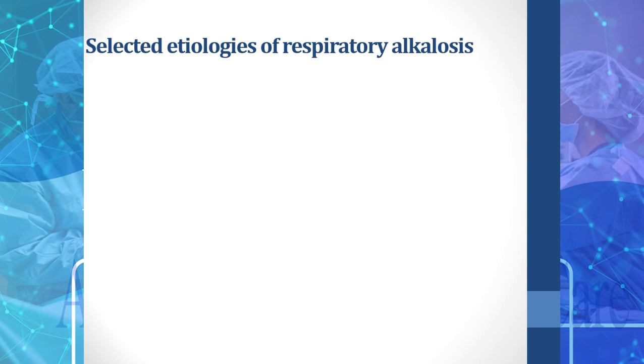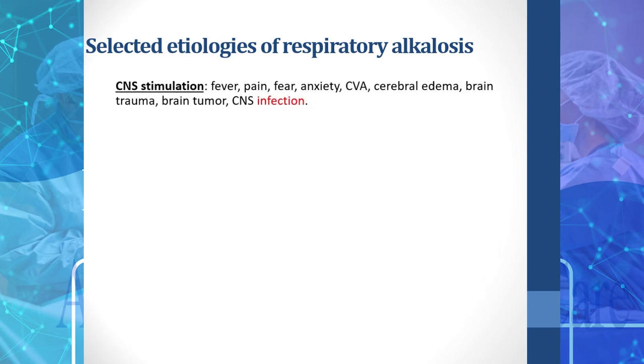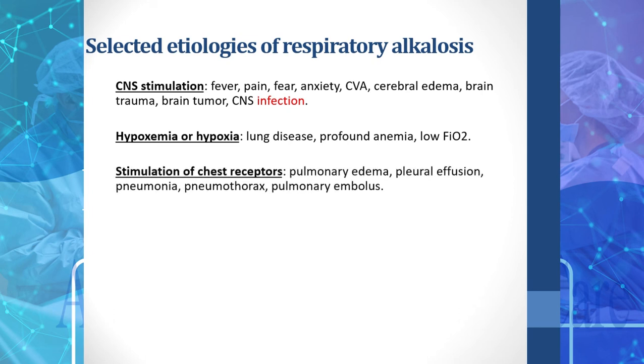What are the selected etiologies of respiratory alkalosis? CNS stimulation like in fever, pain, fear and anxiety, cerebrovascular accident, cerebral edema, brain trauma, brain tumor, and the most important is CNS infection. Hypoxemia or hypoxia also will cause respiratory alkalosis because the patient will try to compensate for this hypoxia, like in lung diseases, profound anemia, or low FiO2 at high altitude.